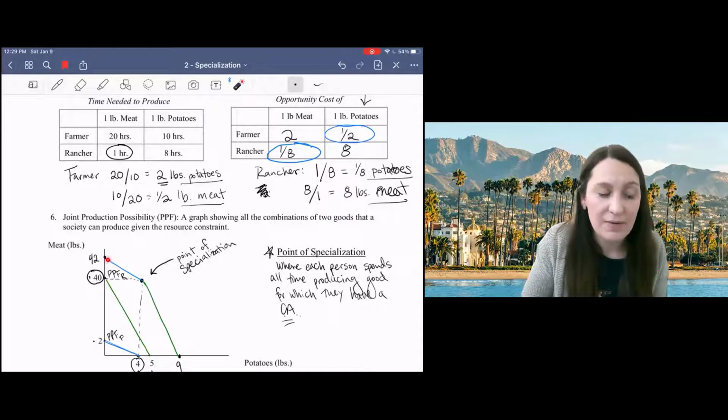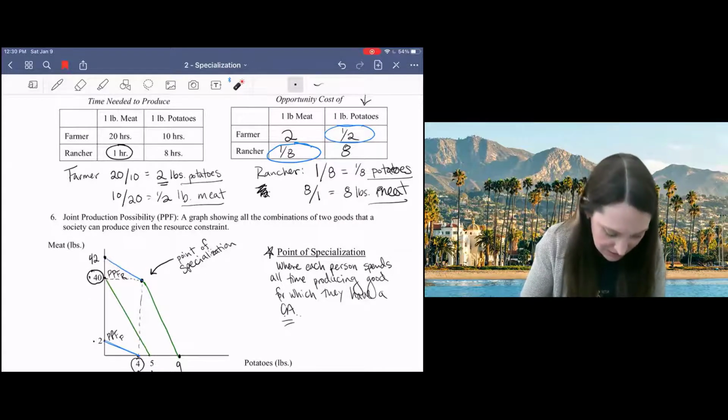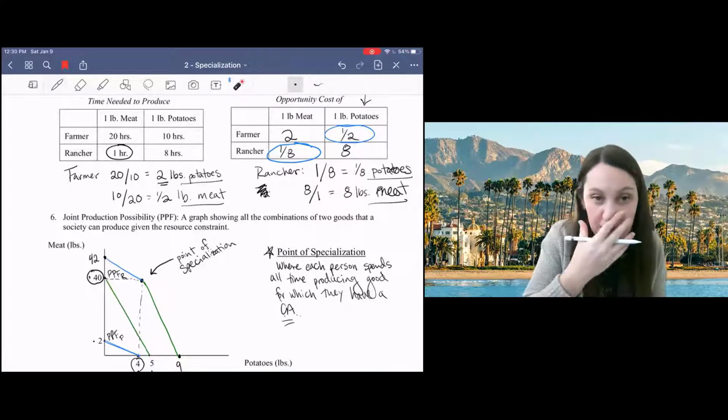Of course, the farmer, because the farmer produces at a lower cost than the rancher. So you can see that this production possibility frontier has a lower slope, right? A smaller slope in magnitude than the rancher's much steeper production possibility frontier.